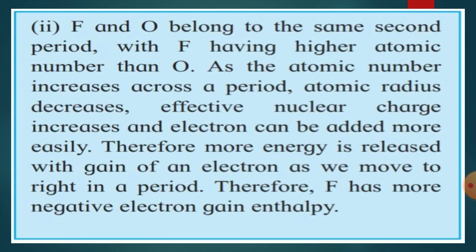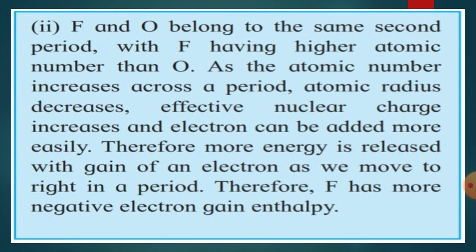As the atomic number increases across a period, atomic radius decreases because the new electron enters the same shell. We studied this in detail in our previous lecture. Effective nuclear charge increases, and hence an electron can be added more easily.